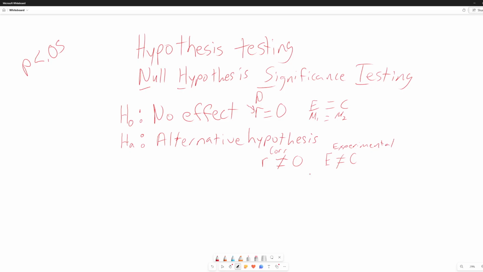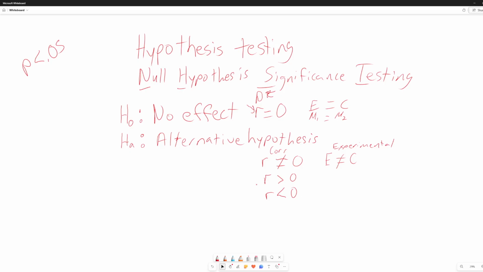And quasi-experimental would just be that group 1 is not equal to group 2. It would be very similar to the experimental. You could also make a directional prediction where you say r is greater than 0 or r is less than 0. Again, I should be using the population parameter rho, but for my students, I want to use r because that's how you're thinking about correlations.